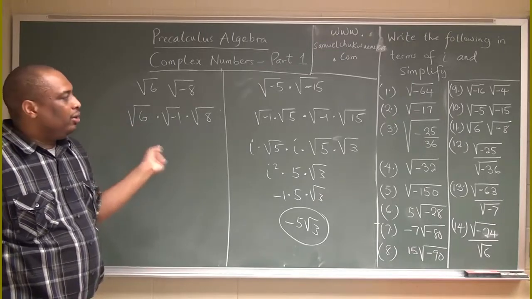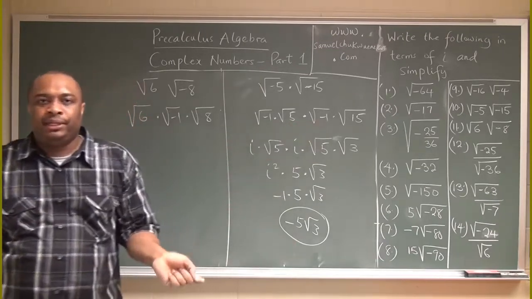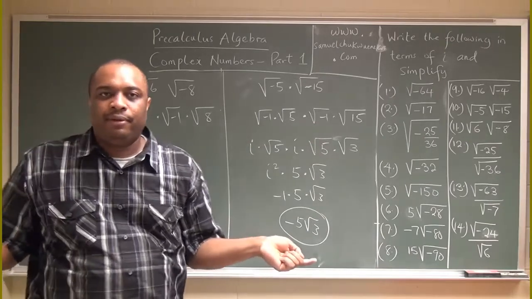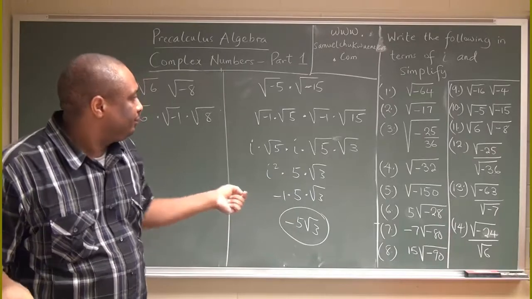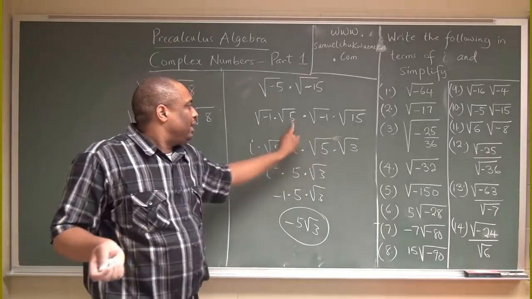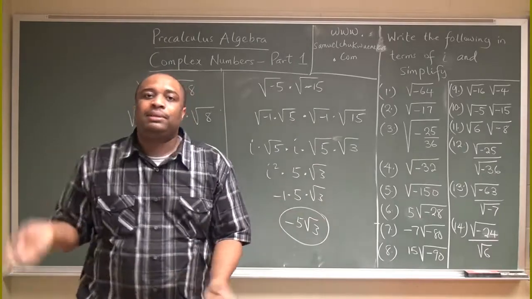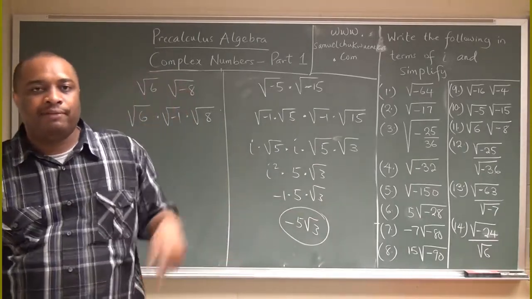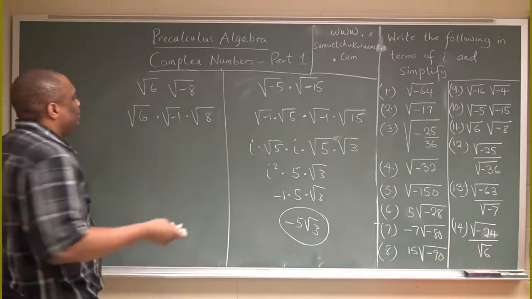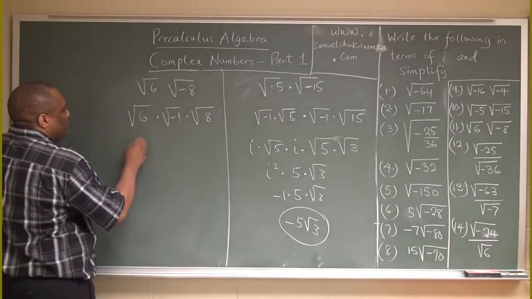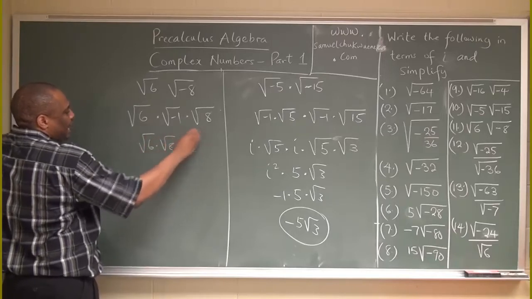You can do this like this. You can even do 5 times 15 to give you square root of 75, and then you simplify 75 to give you 25 and 3. The same thing. That's what we can do here. So this means square root of 6 times square root of 8 times i.